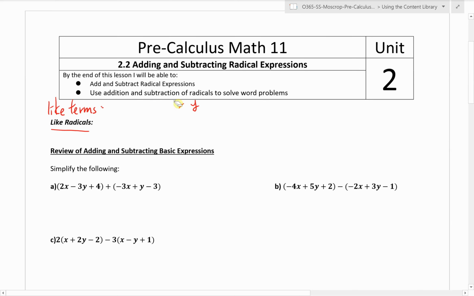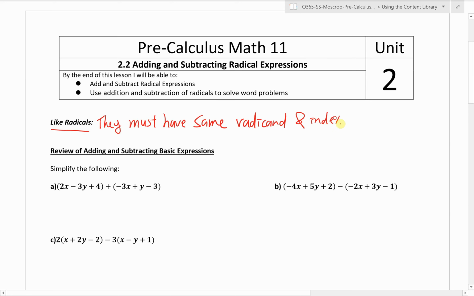Now like radicals is actually similar. They must have the same radicand and index. Okay, same radicand and index.